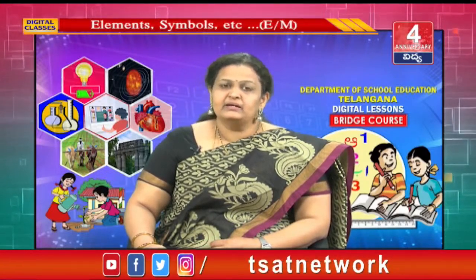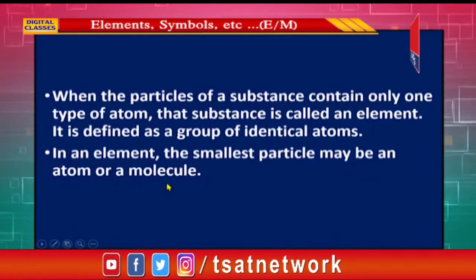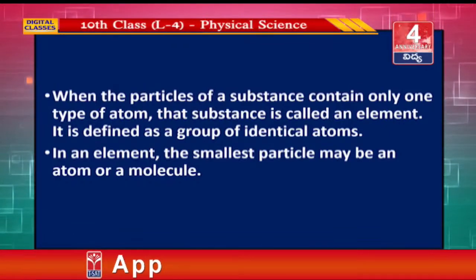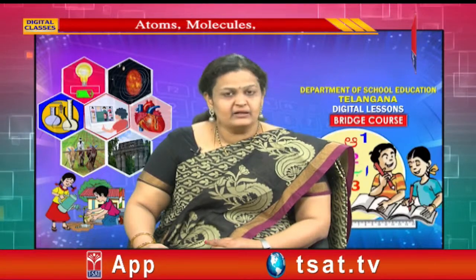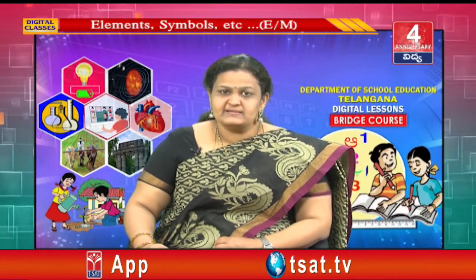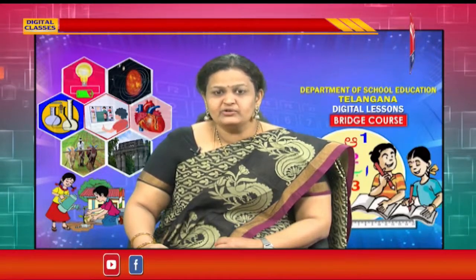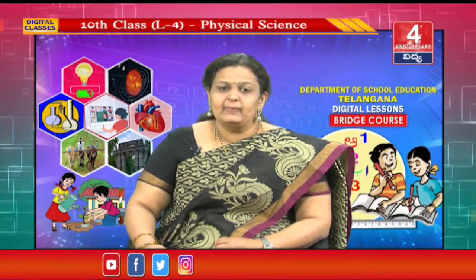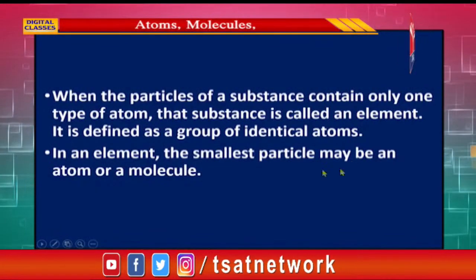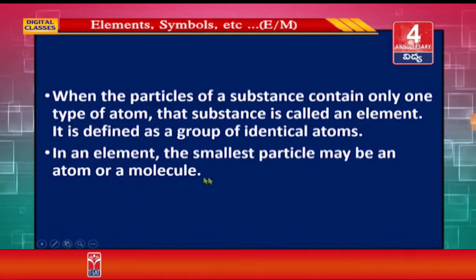An element can be a single atom or a molecule. You can consider an element to be just one single atom like a metallic atom, iron, or a molecule like hydrogen gas. That is called an element, children. It is the smallest entity. An element is the smallest particle or smallest entity which can be an atom or a molecule.